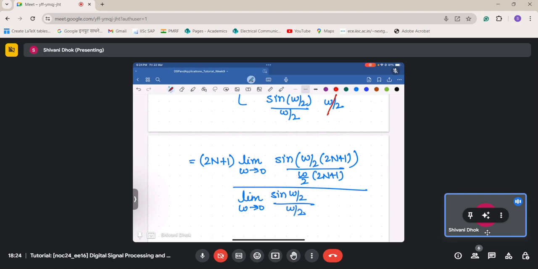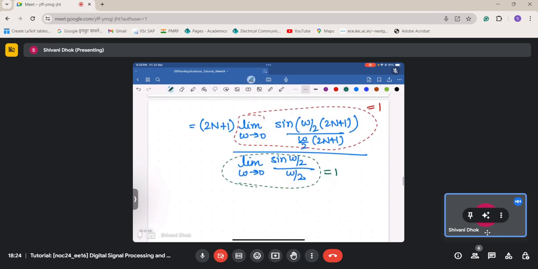So this numerator thing is equal to 1, and this denominator thing is also equal to 1. So what we are left with is V of omega is 2n plus 1.